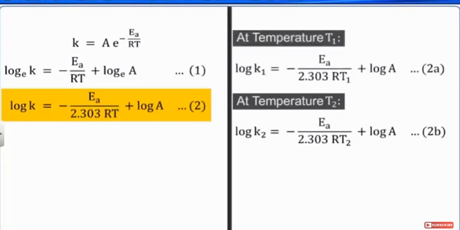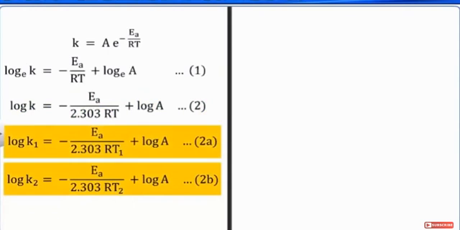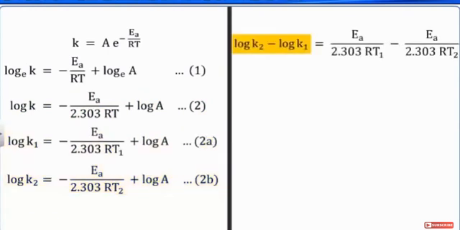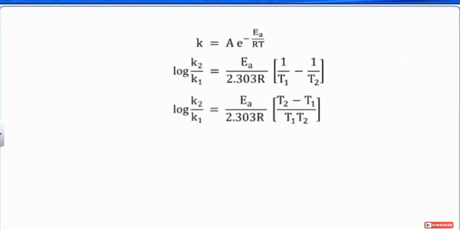On subtracting 2b from 2a, we get log K2 minus log K1 is equal to Ea divided by 2.303 RT1 minus Ea divided by 2.303 RT2, or log K2 divided by K1 is equal to Ea divided by 2.303 R multiplied by 1 by T1 minus 1 by T2. Thus, the Arrhenius equation can be used to calculate the activation energy at different temperatures if the experimental values of the rate constants are known.